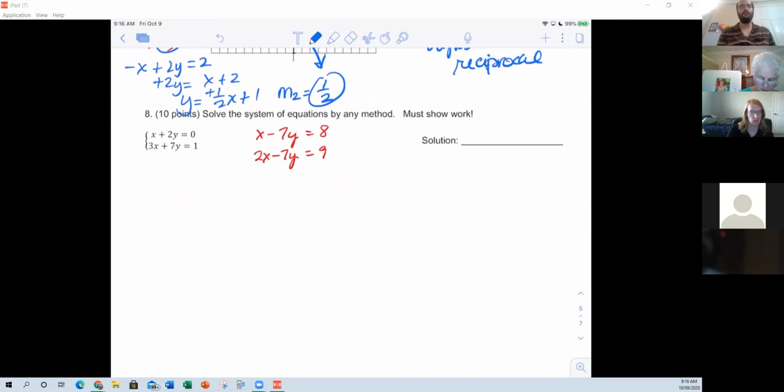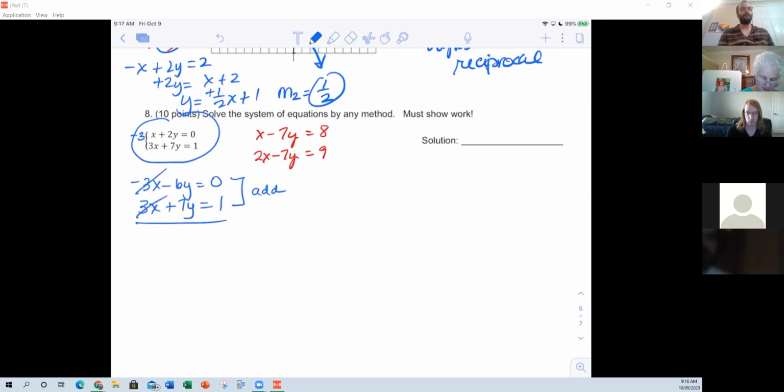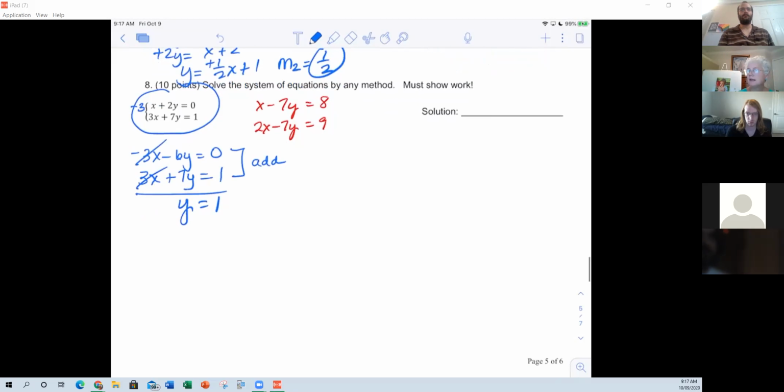Sure. Okay, so I'm going to go ahead and pick this first one. If I want to get rid of the x's, I could multiply the top by -3. And that would give me -3x minus 6y equals 0. 3x plus 7y equals 1. And if I add these together, the x values cancel out and I get -6y plus 7y is 1, y equals 1. And then substitute that back into either one of the top 2 equations.